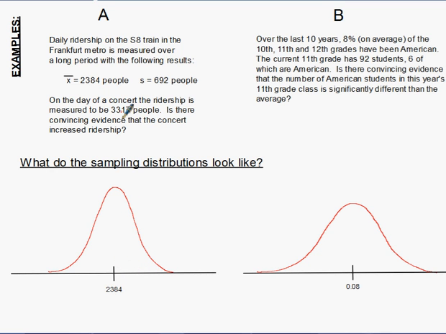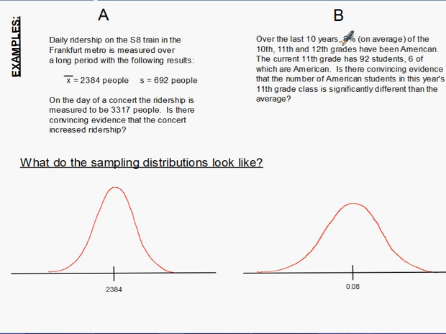Now, we don't know the population mean here, but we're going to use the sample mean as an unbiased estimator. And here we do know, over the last 10 years at least, a pretty good number of 8% will be the center of this sampling distribution of sample proportions.